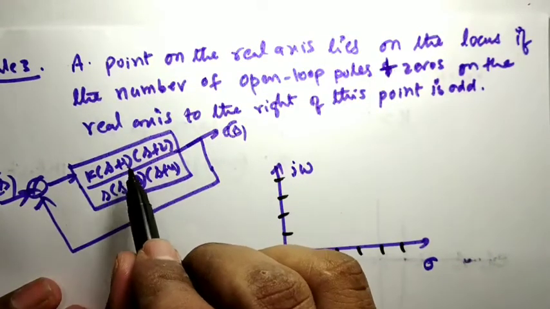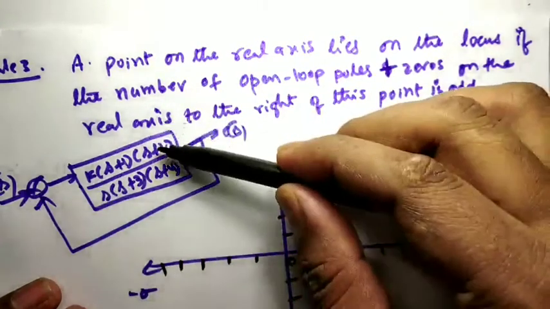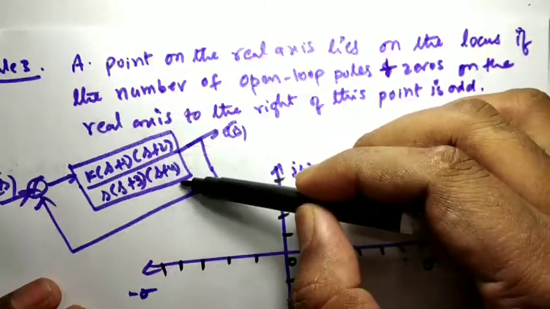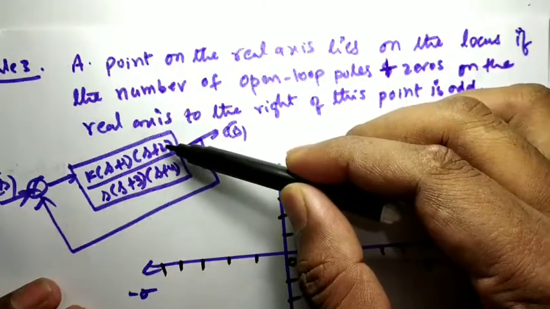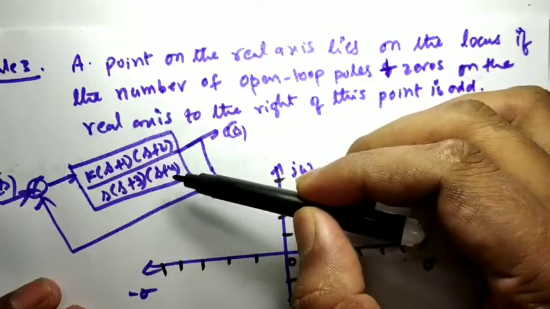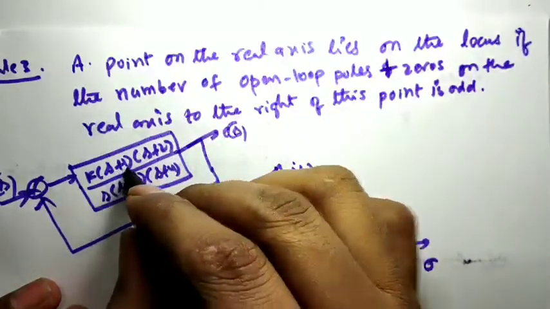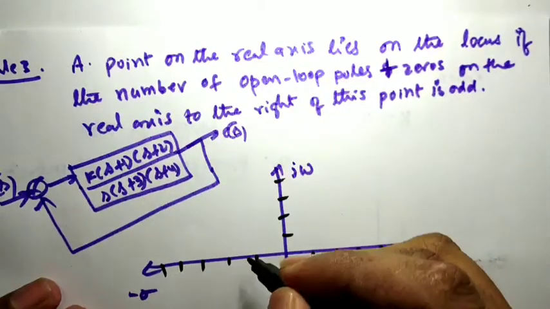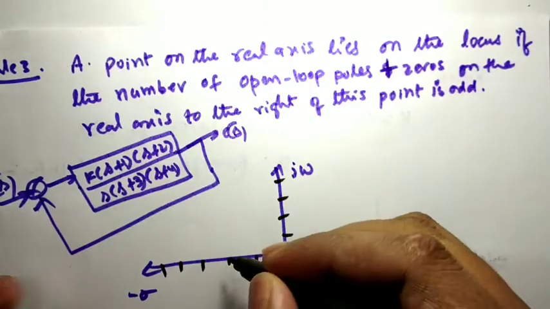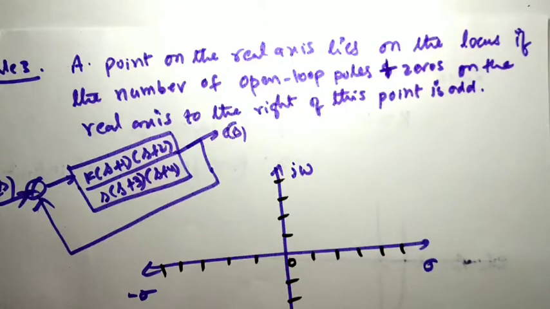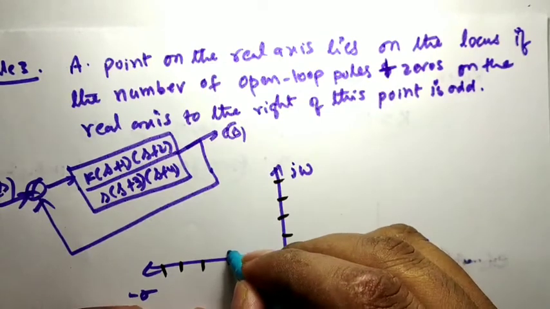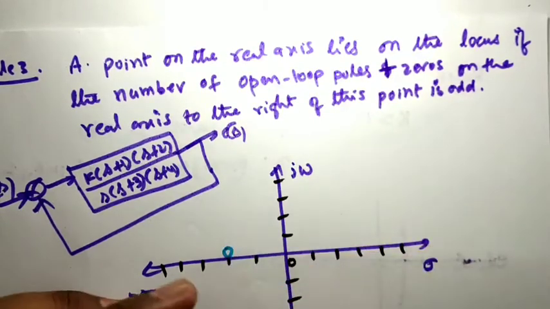So S equal to minus 1 is a zero, and I am going to mark zeros as a circle, and the poles I am going to mark as a cross.